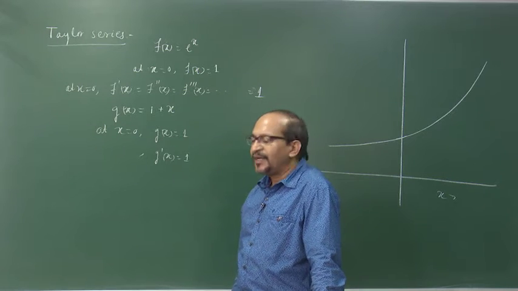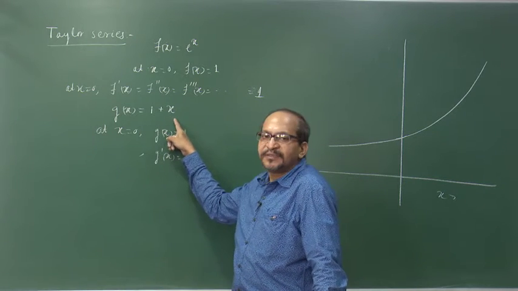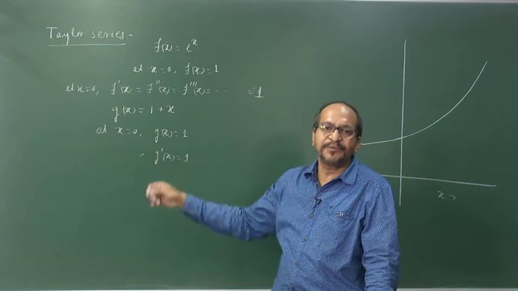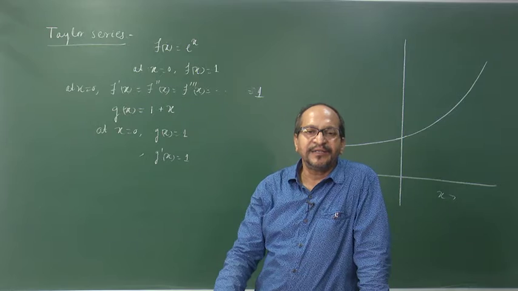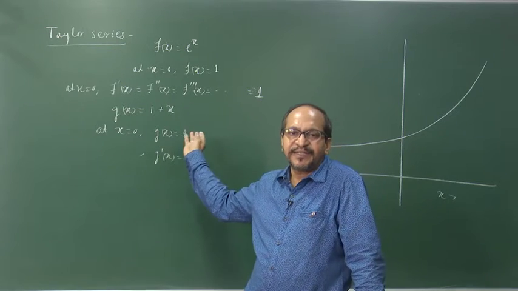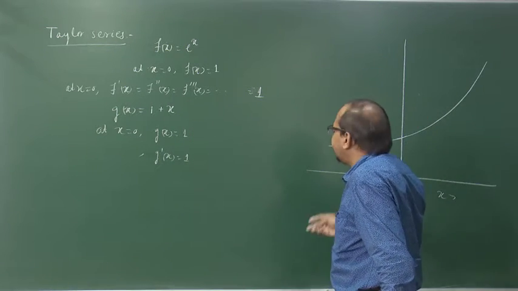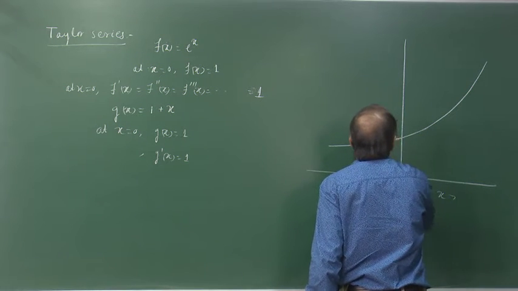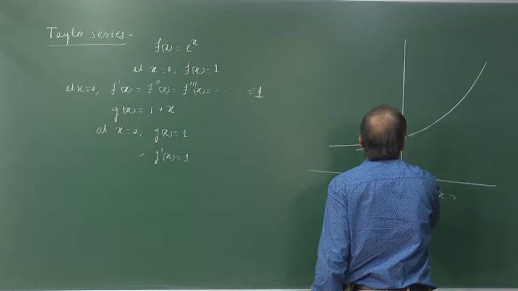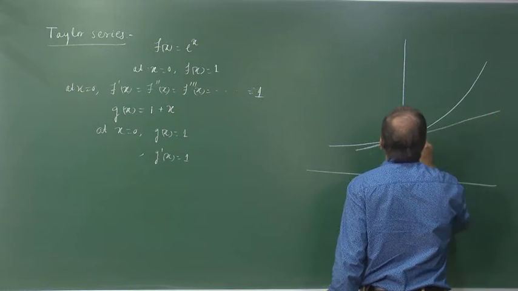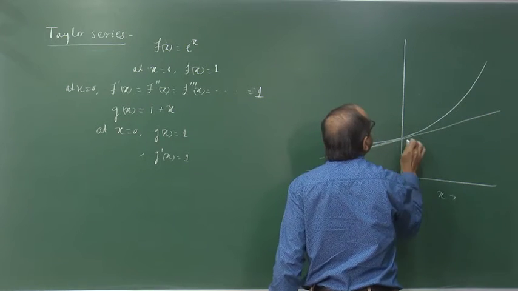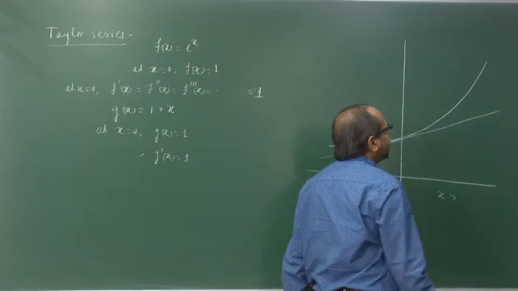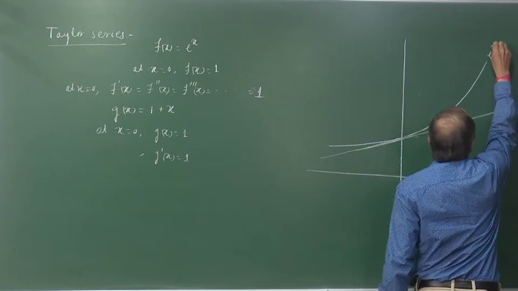And what is this function? Obviously it is a linear function, a straight line, and it is only the tangent at x is equal to 0 to the function e to the power x. This is e to the power x.